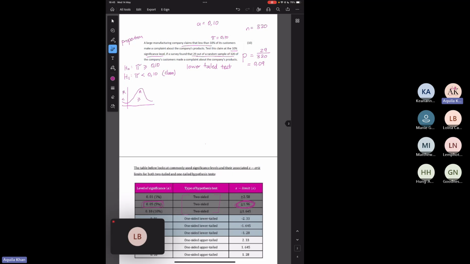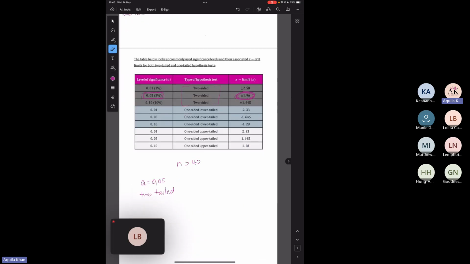Now, how do we get to that value? So again, here we need two things. We need the level of significance, which we know is 0.10 as a decimal. They told us that here it's a 10% level of significance, and we also wrote it at the top. The other thing that we need is the type of test. So we know that it is a lower tailed test.